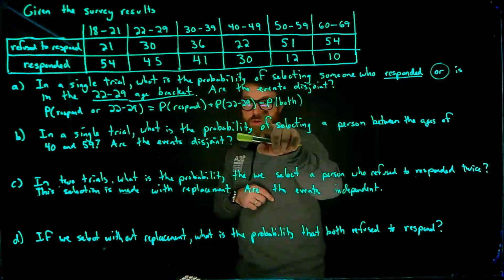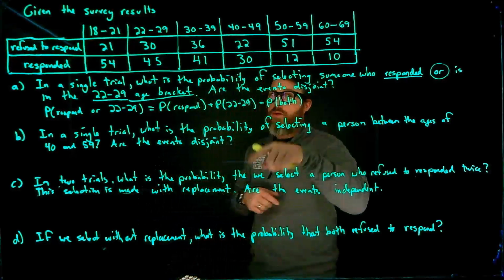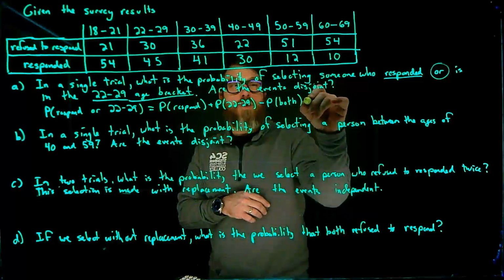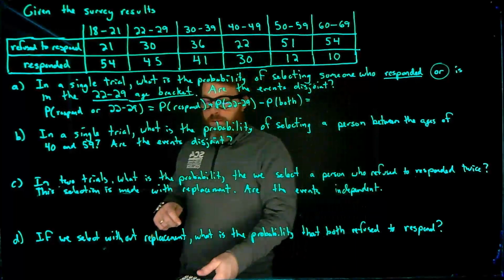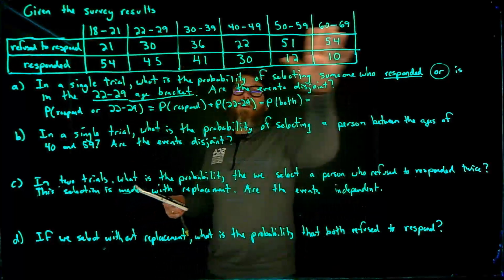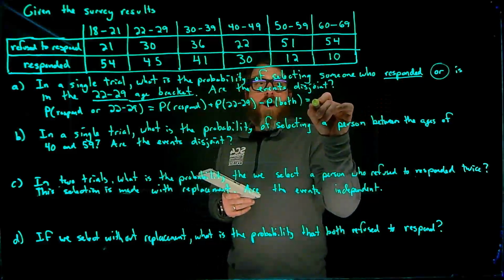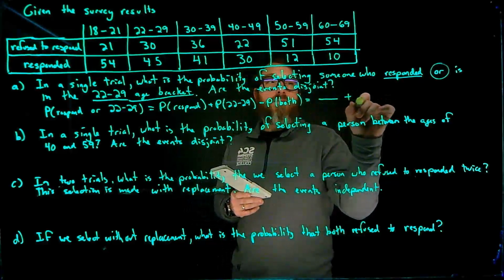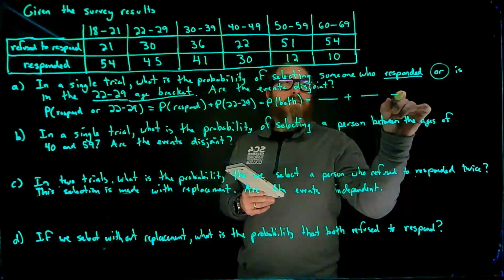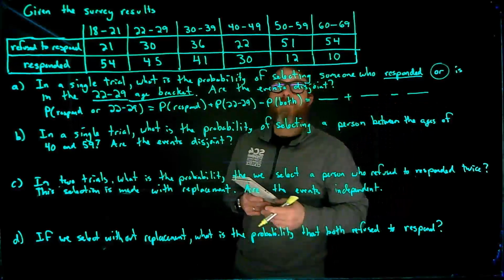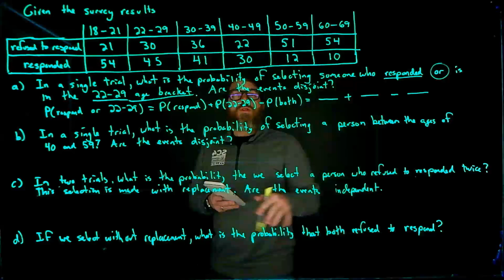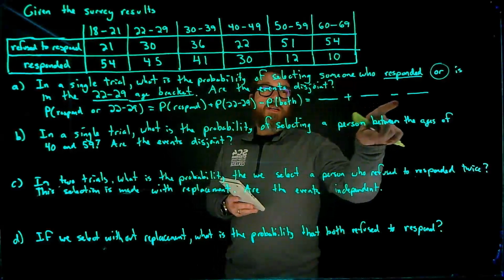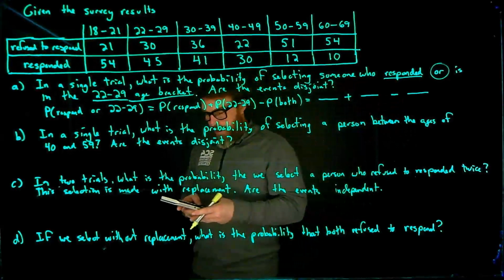If there's not, this will immediately become 0 anyway, so it'll work out to be the other equation. So when we want to find these probabilities, I need to know all these denominators. So then I can have the probability of the first plus the probability of the second minus the probability of both. So let's add everything.